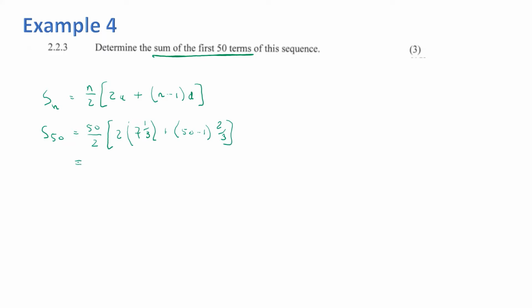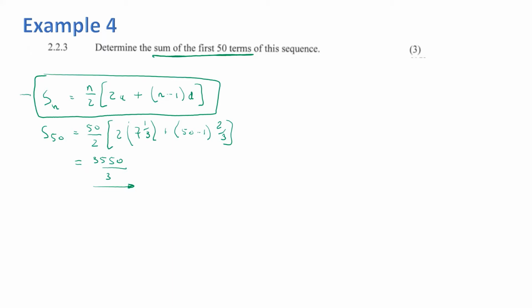And I think the answer is 3,550/3. Go double check me. Important to know that you have to use this formula for the sum of an arithmetic sequence.